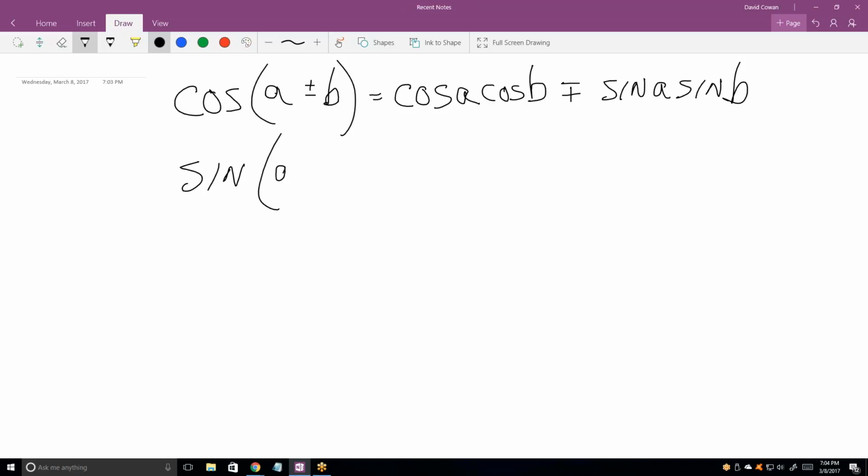I mean, if you're staring at these, it's better if you're not looking at it. Whenever you're trying to memorize something, it's better to not have it in front of you and test your memory. You know what the sine is? Isn't it sine A cosine B, and then it's the same as the sign in the parentheses, so it's plus minus, cosine A sine B?